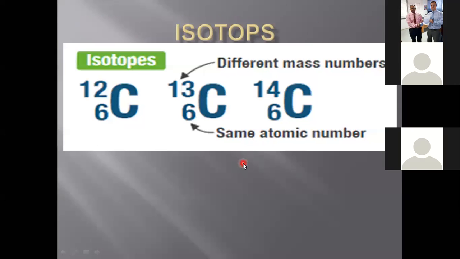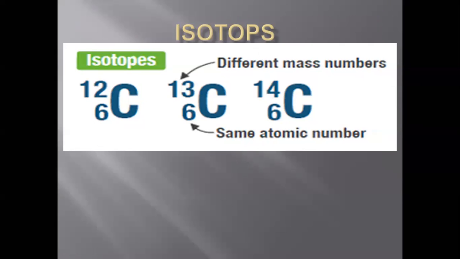Even here, I have isotopes of carbon. I have three different kinds of carbon in nature: carbon 6 12, 6 13, and carbon 6 14.